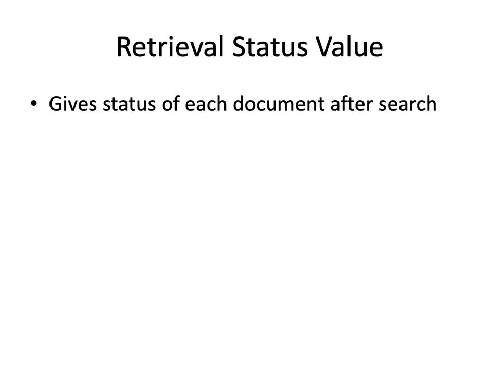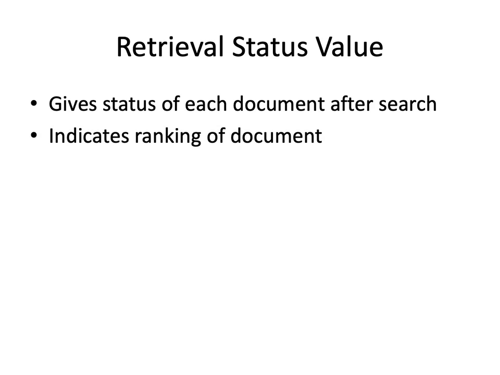That is to say, if we think of all the documents in a collection, which documents are going to be put into the user's hands, in front of the user's eyes, by the user's ears. In that sense, it indicates the ranking of the documents. Are we going to put it here, or are we going to leave it on the shelf?